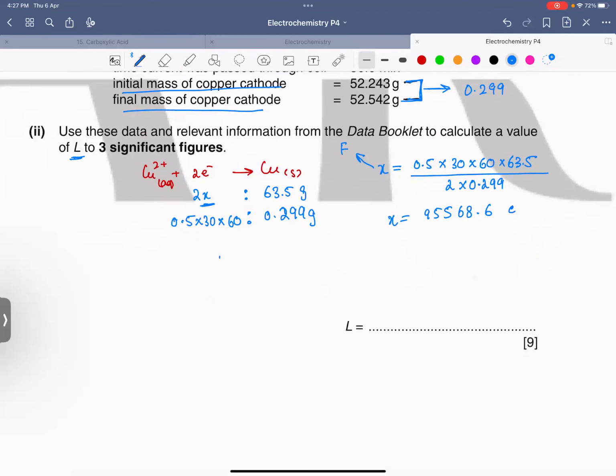So to find the value of L, we have F over e. We got the F, that is 95568.6, over e, which is the charge of 1 electron, that is 1 exponent minus 19. So we get 5.97 into 10 raised to the power 23.